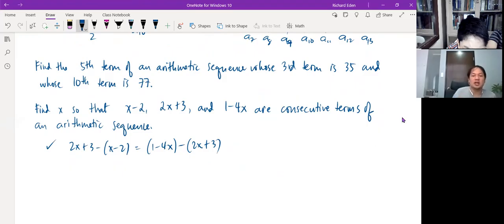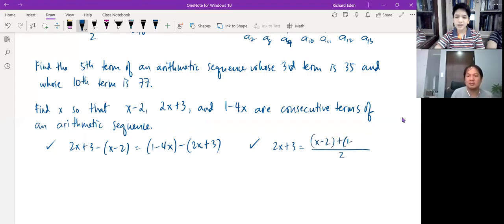Actually, ganito, are you trying to solve this equation? Kasi kahit hindi na, you can already solve this equation. So you can find the value of x. Also, another point of view here would be, you know how 2x plus 3 is the average of x minus 2 and 1 minus 4x.